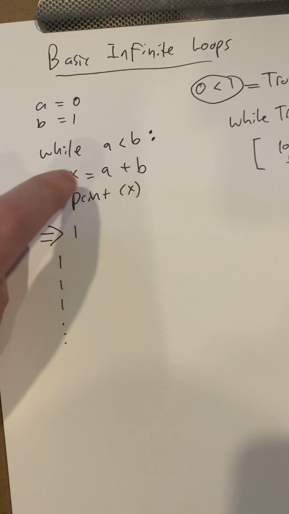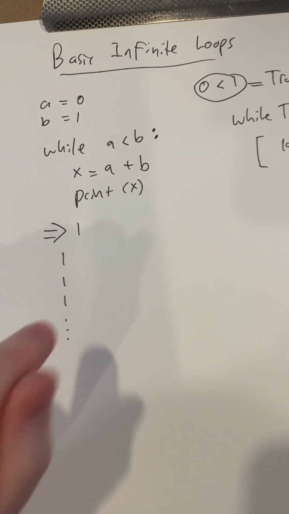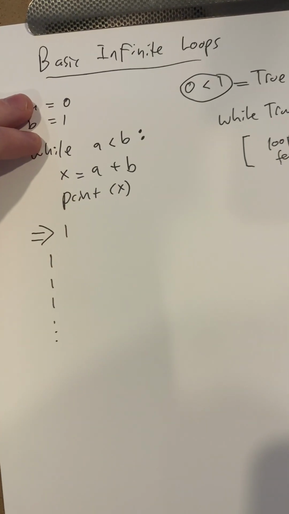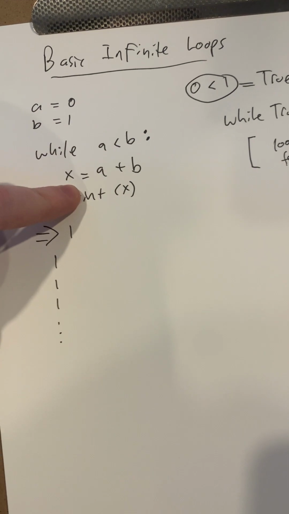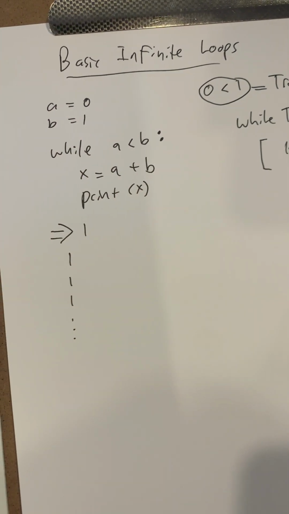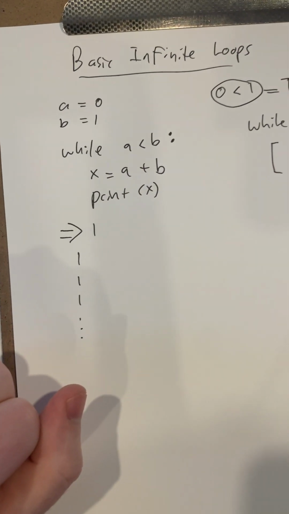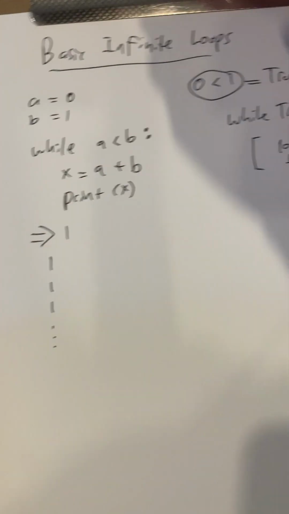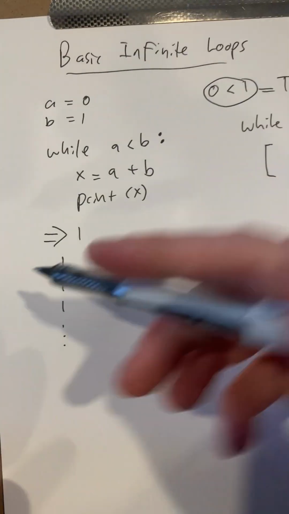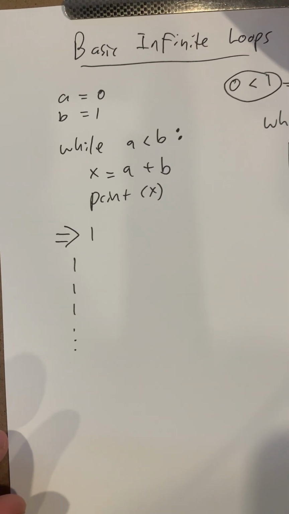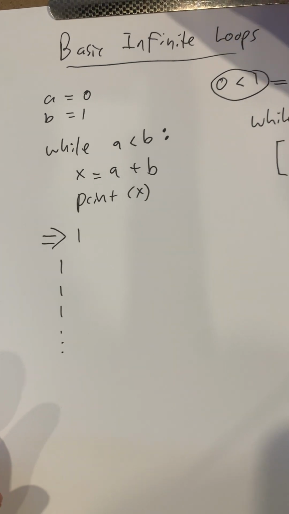You might have been fooled into thinking this a plus b was going to give us incrementation each time, but because a and b's values never change, x's value never changes. Very straightforward. This is one of the ways we can apply our basic mathematical skills to code. So this is our output for this particular program. Fear not, this still prints an infinite number of ones and can actually be a useful piece of code in general.